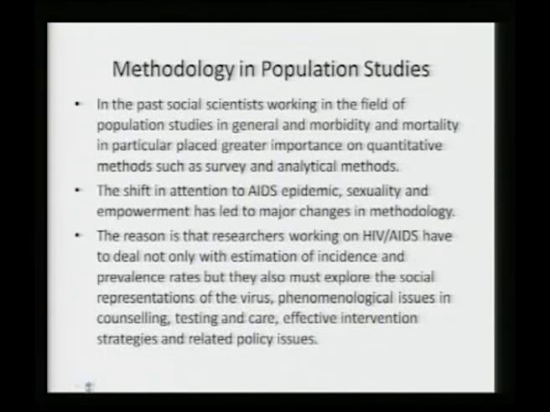The reason is that researchers working on HIV AIDS have to deal not only with, as I said, estimation of incidence and prevalence rates, but they also must explore the social representations of the virus, phenomenological issues in counseling, how to encourage people to go for counseling, for pre-testing counseling, for testing, for post-test counseling, and effective intervention strategies and related policy issues.